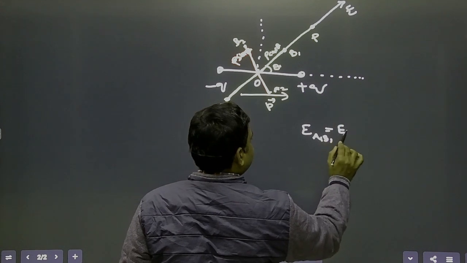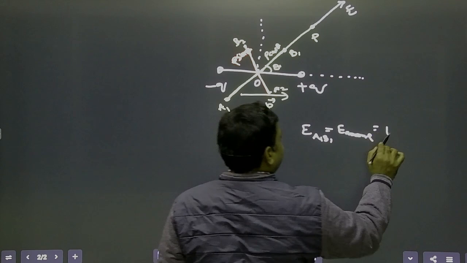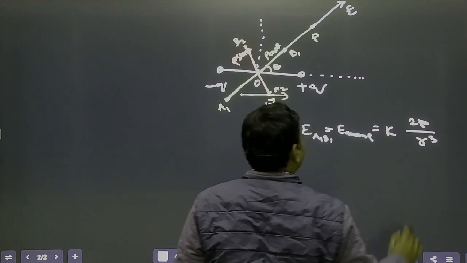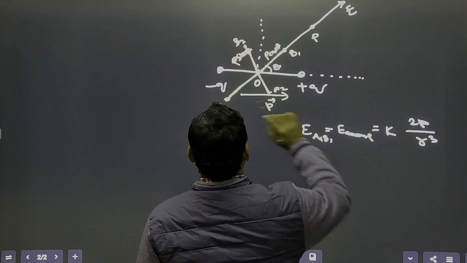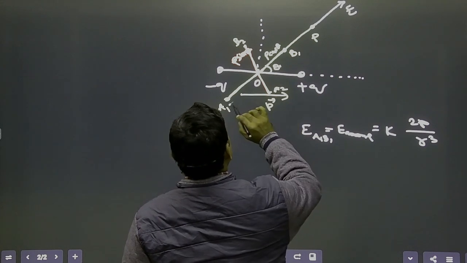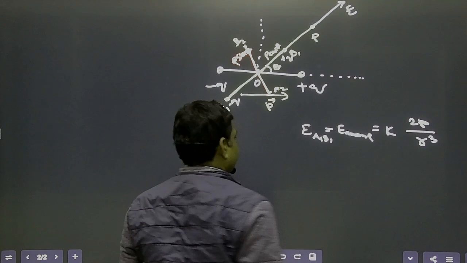This will be equal to K 2P upon r cube, as we have discussed earlier, and its direction will be along the direction of the electric dipole moment, from minus Q to plus Q, in the same direction.